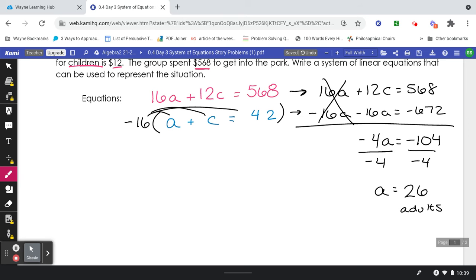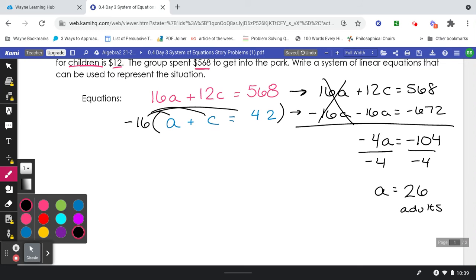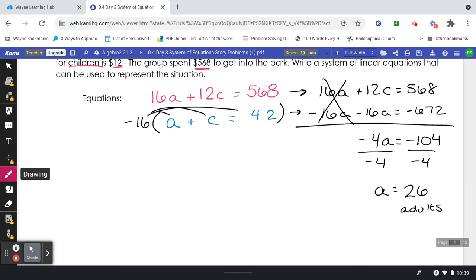And now I'll just need to plug that in to my equation. And you get to choose which equation you plug it into. So I think this one's pretty easy. There are fewer numbers.